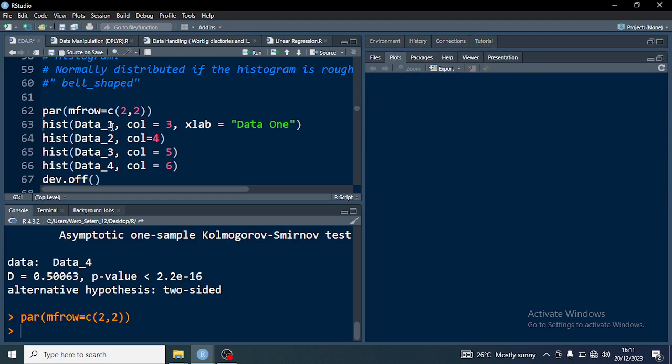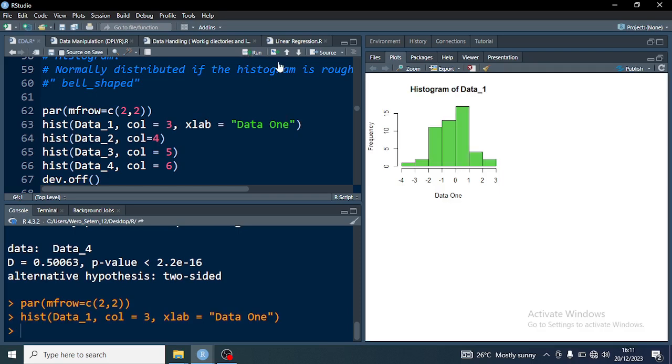So I want to create a histogram of data 1, and I'm saying color is equals to 3. So you can use 1, 2, 3, 4. Then the xlab, this is the x label, should be data 1. Let's run that. Let's see how it is. So this data set is roughly bell-shaped. So data 1 follows a normal distribution.